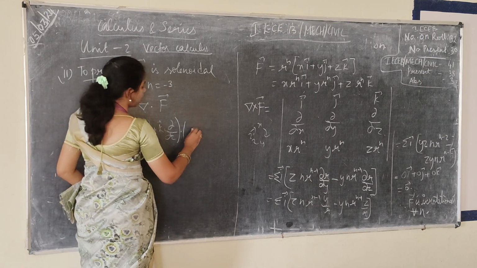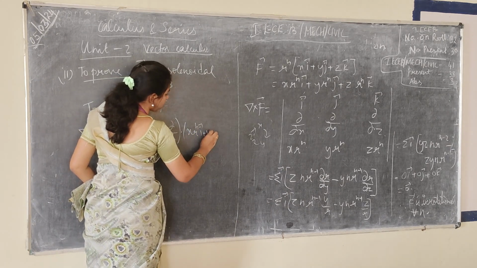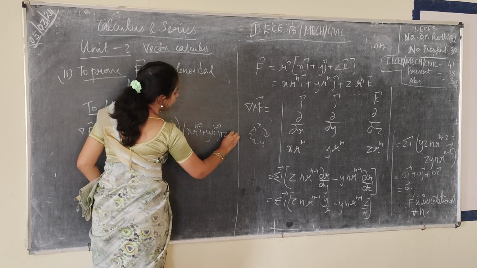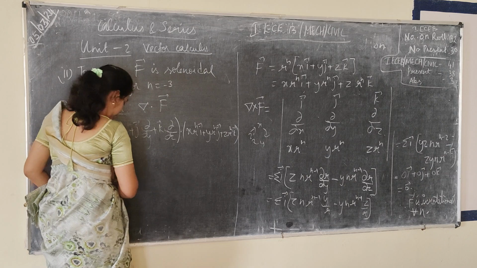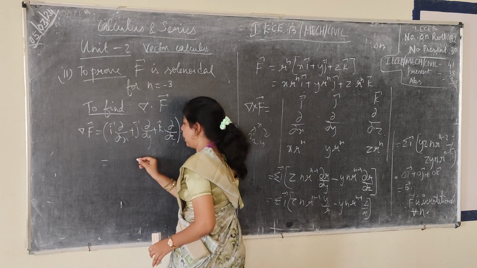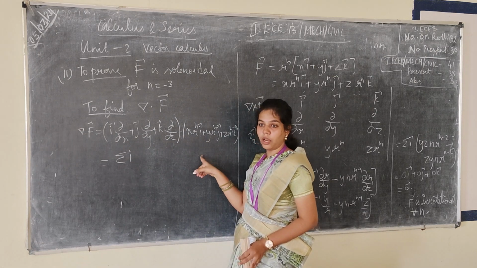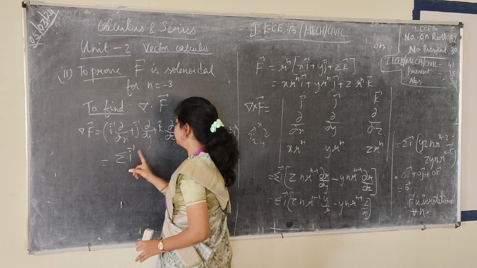What is f vector? x into r power n i vector plus y into r power n j vector plus z into r power n k vector. So i dot i is 1. So I am putting summation, since all the values are the same and it's a cyclic form.